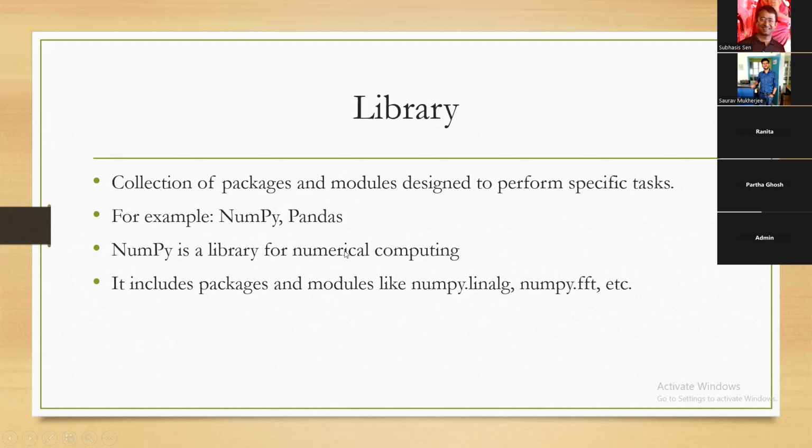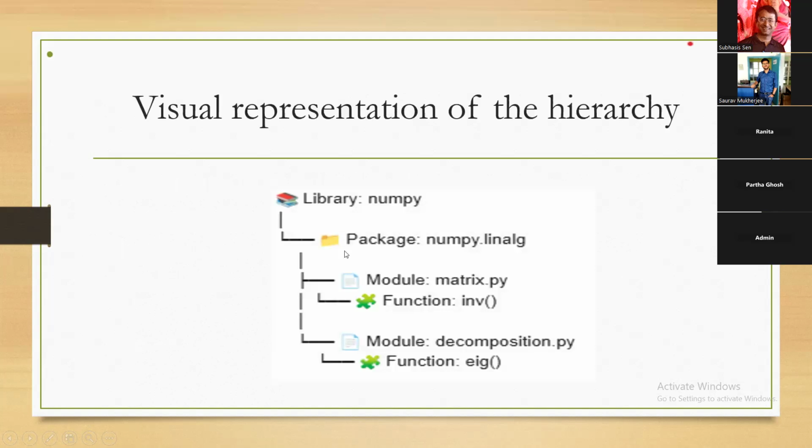So if we arrange this, the visual representation of the hierarchy, which is very important: the library is NumPy, containing the package named numpy.linalg. So this is linear algebra under the NumPy package. And under it, what is the module?